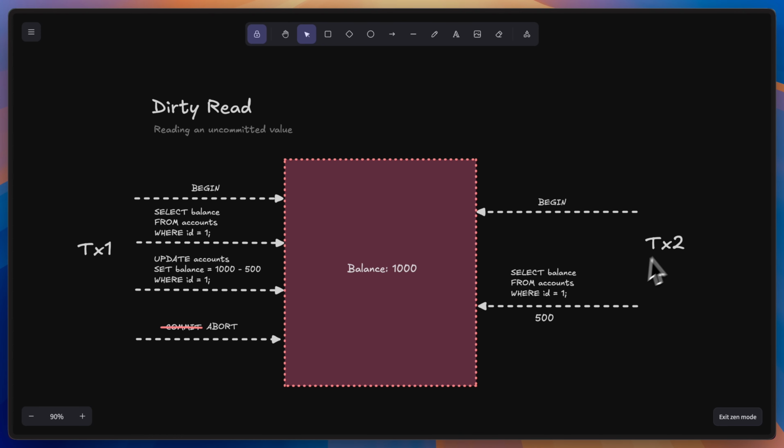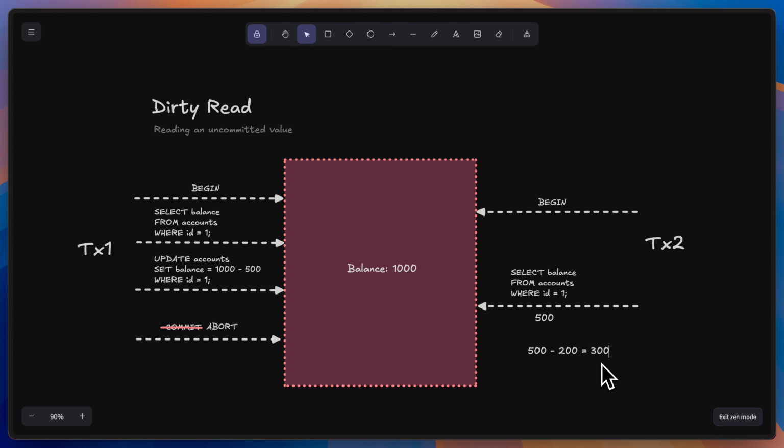But the problem here is that TX2 already read this value, which was not yet committed, isn't it? Now, if TX2 tries to do something using this 500, then obviously we would have inconsistency in the database. For example, let's say it tries to buy a product of $200. The remaining would be 300.